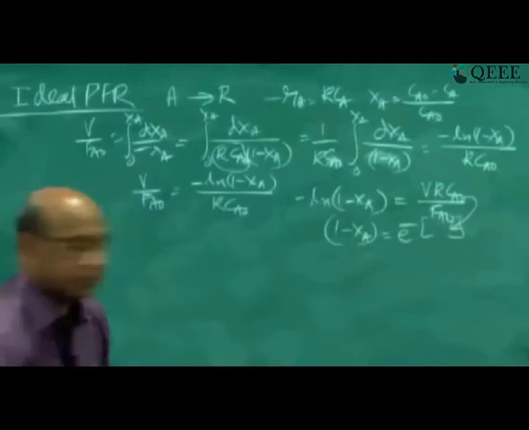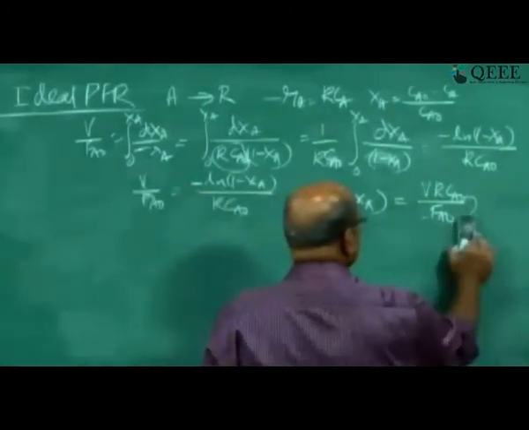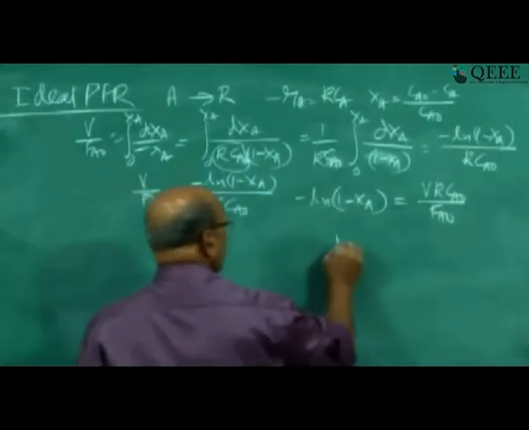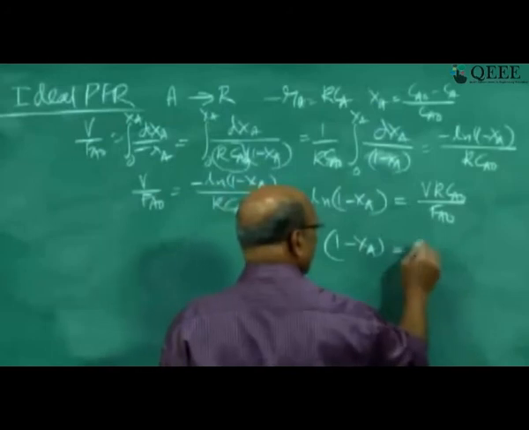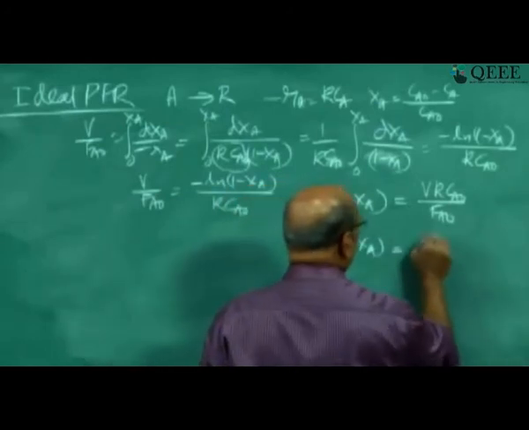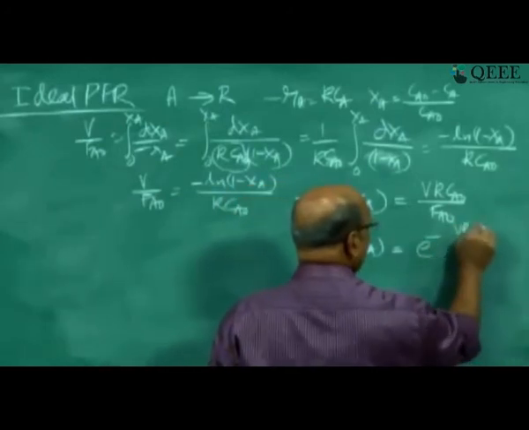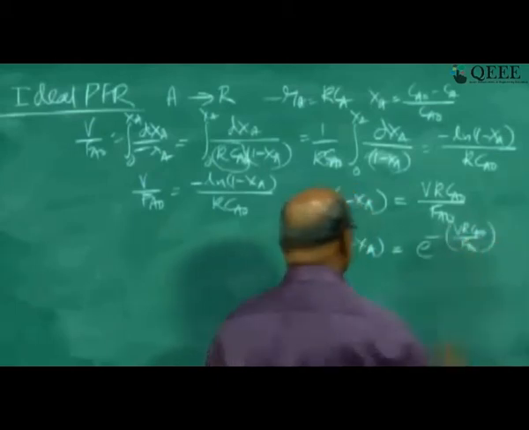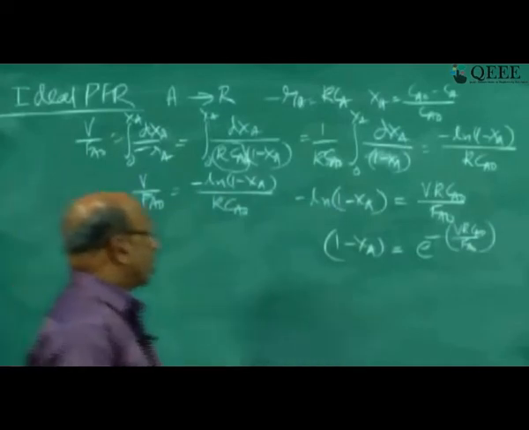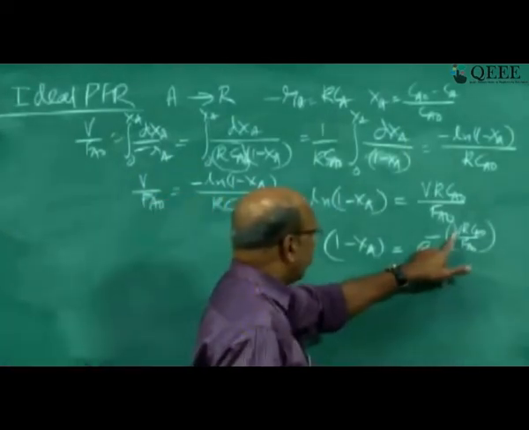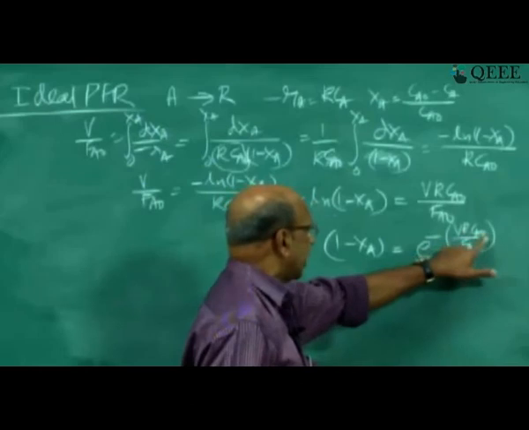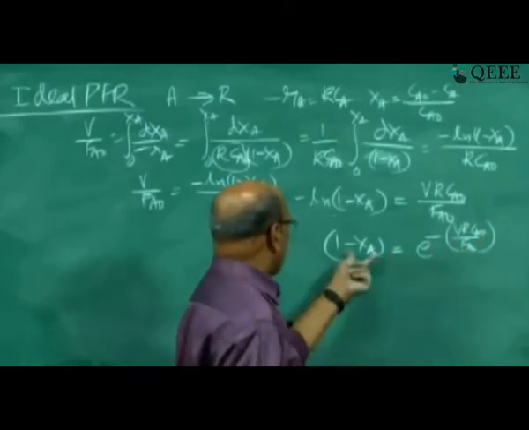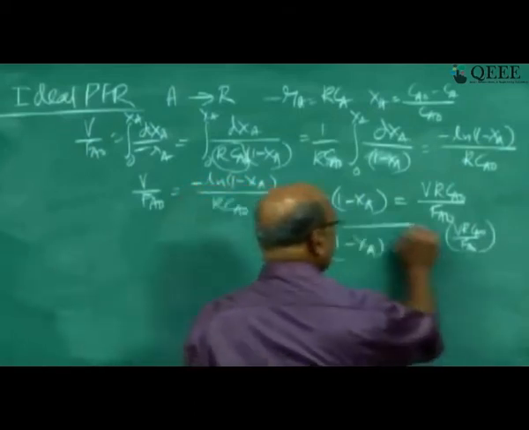Let me write it anyway instead of a shortcut: 1 minus Xa equals e power minus V K Ca naught by Fa naught. So this is the one. If you know V for a given reaction, you know the kinetics K, you know the Ca naught input and the Fa naught input, the initial concentration and initial flow rate, then you can calculate Xa. This is for a first order reaction.